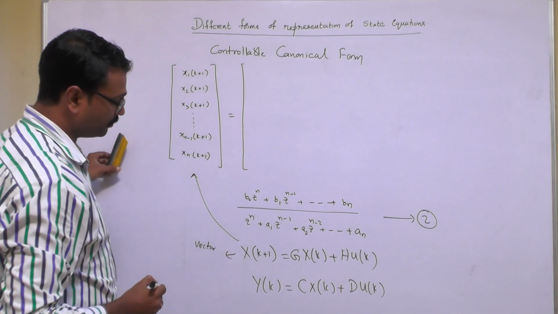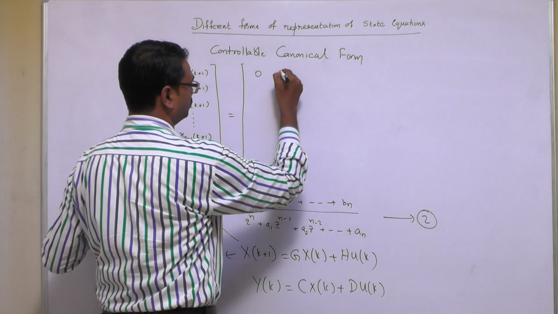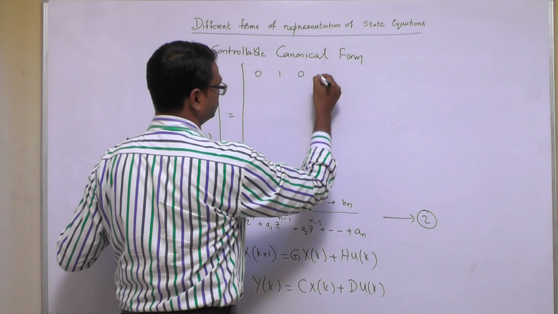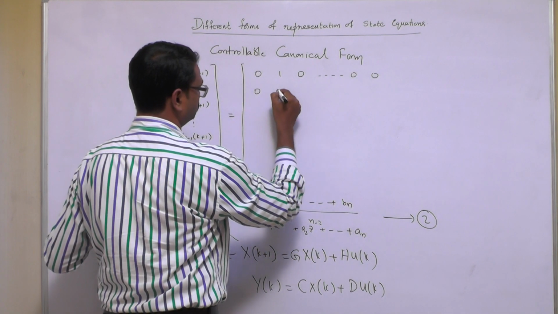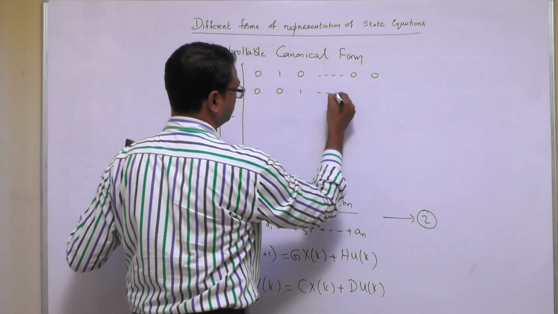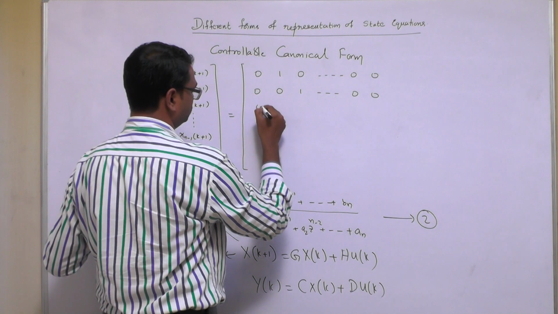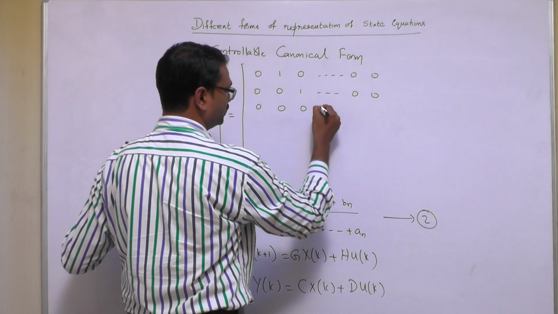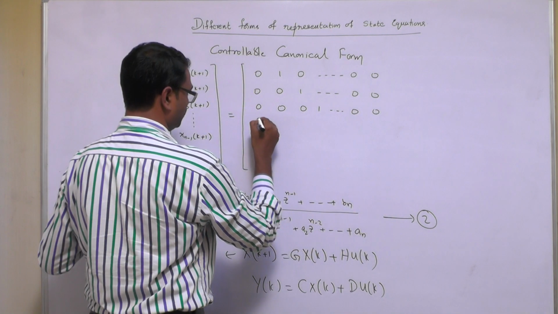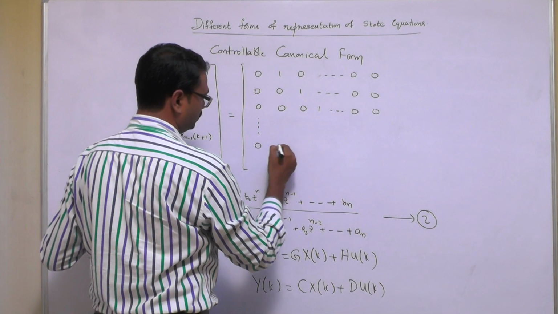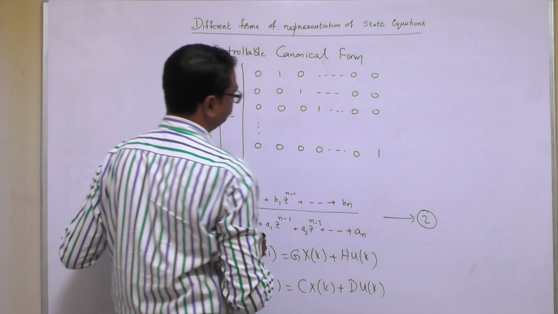This x of k plus 1 is given as per our controllable canonical form in this way: 0, 0, 0, 0, 1, 0, 0, and again 0, 0, 0. Here you will have a 1 again, 0, 0, and if I go down, I will have 0, 0, 0, 0 and 1.